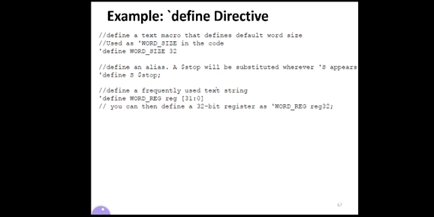But if you use this macro `define, and you have declared that 32 using some text, for example here word size, then you only need to change the value once, while declaring, in `define word size, from 32 to any other number.